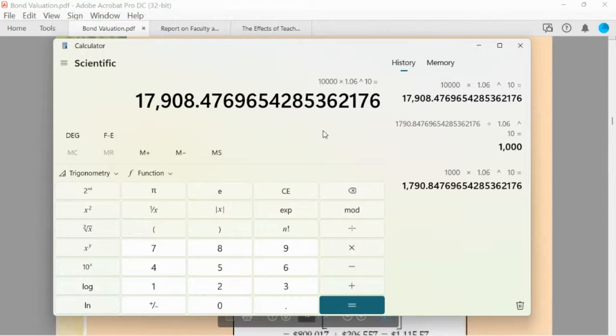Then think about it. If you discount this by 6% for 10 years, in other words, you discount it back to present, what should it be? Anyone?